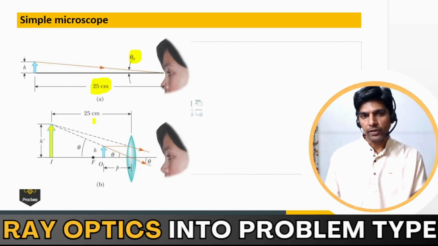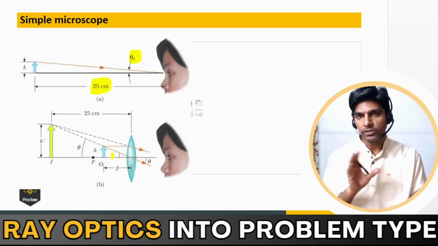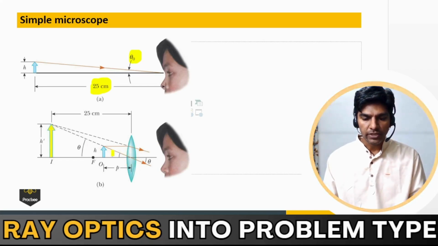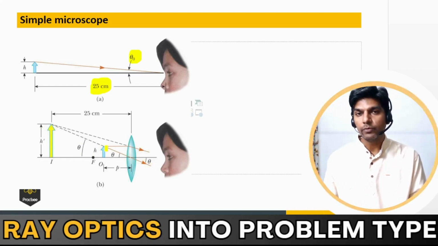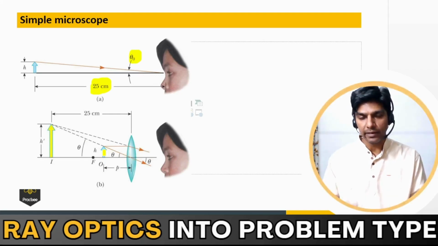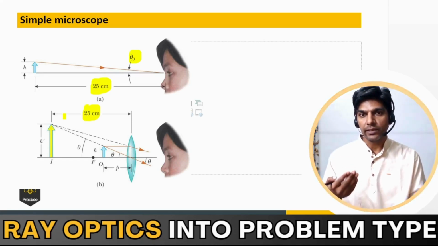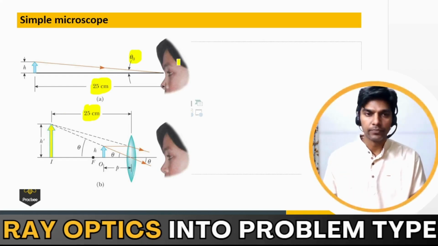But if I look at the same object with the help of a simple converging lens, known as a simple microscope or magnifier, the same object will subtend a greater angle on the eye, because we are able to place the object closer to the eye, and the image is being formed at 25 centimeter only. So the simple microscope is basically increasing the visual angle of the object so that we get a magnified view.